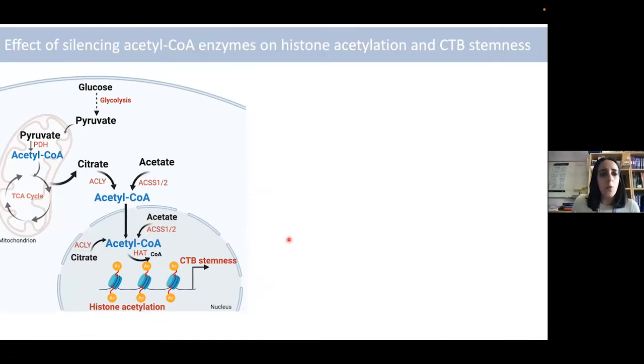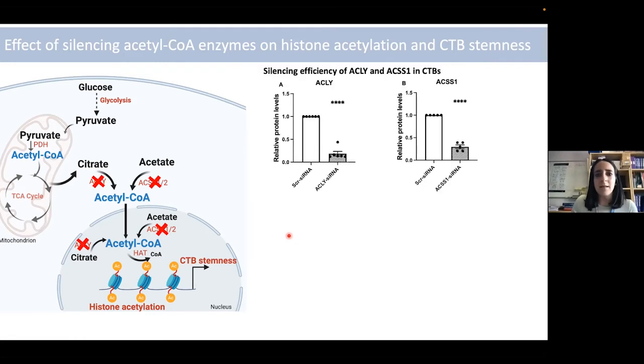So here we focus on this enzyme. We transfect our cells with siRNA for silencing, we knock down this enzyme, and I measured the knockdown efficiency by measuring the levels of this protein. So we know that it works. My prediction was that when these enzymes are not available anymore, the acetyl-CoA levels will decrease, and it won't be available anymore to support histone acetylation and therefore trophoblast stemness.